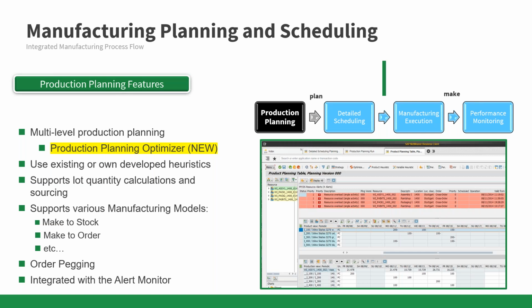Right now with S/4HANA we have a new concept, the so-called production planning optimizer, PPO, which leverages a mathematical algorithm, a linear program. So it works cost-based. It's pretty similar to what those customers who used SNP optimization in the past know, and is now directly consumable in the PPDS environment.